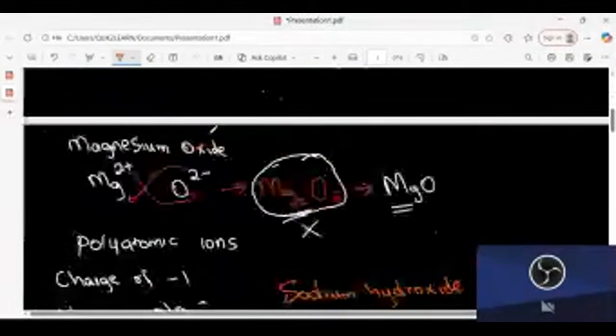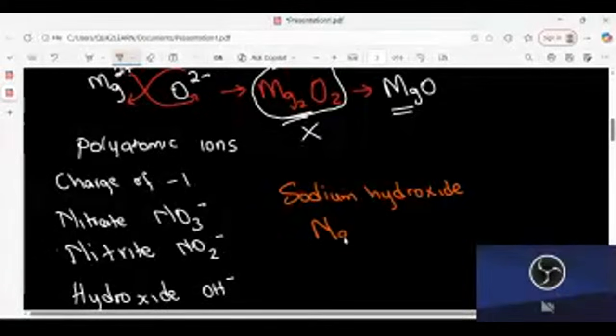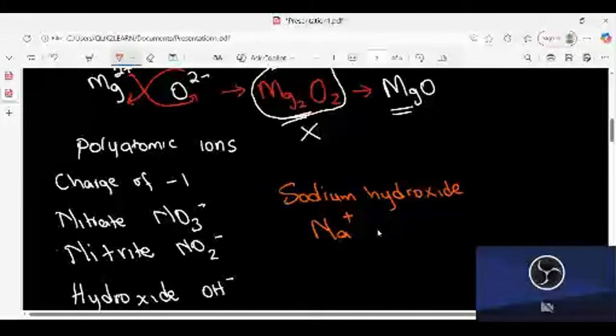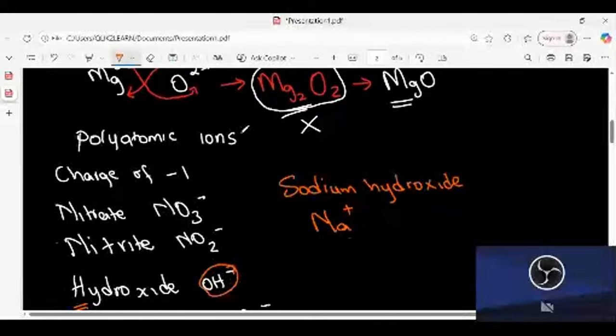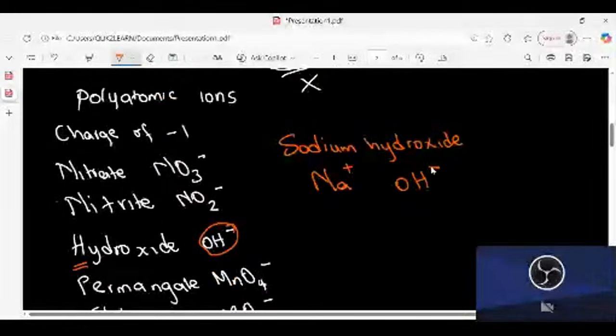So it's going to be Na plus. We don't say plus 1, you just say plus. And hydroxide is OH minus, so you substitute the OH minus. Then what will be the chemical formula for sodium hydroxide?